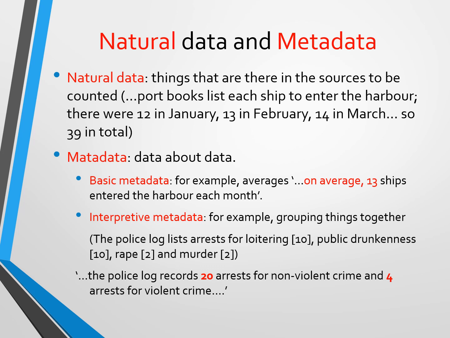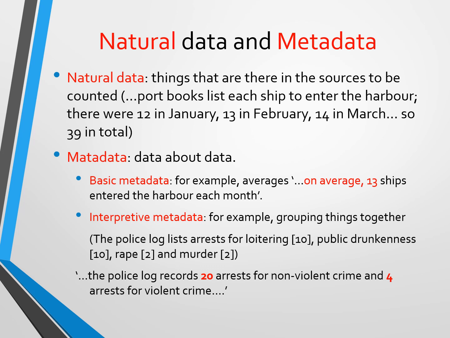So an example of creating interpretive metadata would be crime statistics. A police log lists arrests for loitering, public drunkenness, rape, and murder. So the criminologist or historian might then write the sentence I give as an example here. The police log records 20 arrests for non-violent crime and 4 arrests for violent crime.